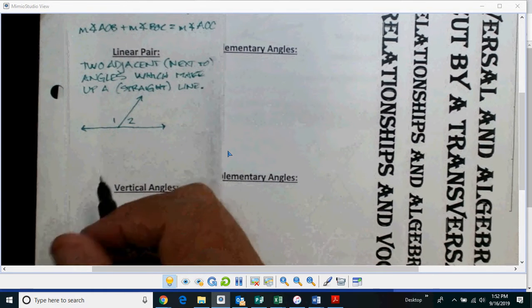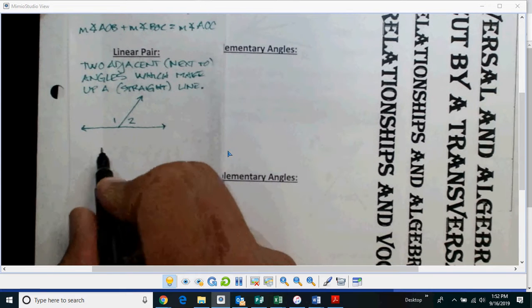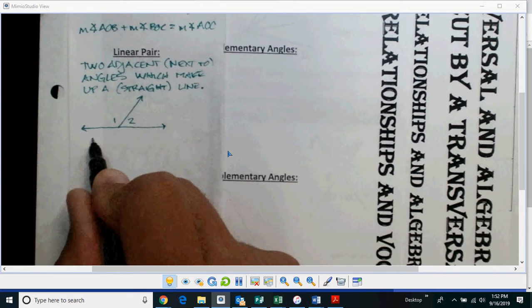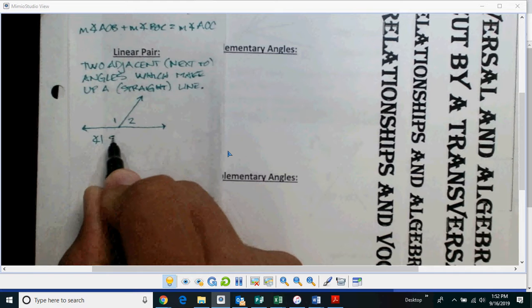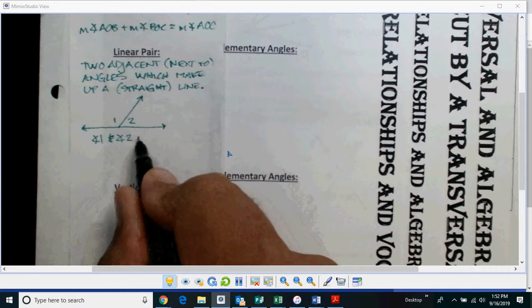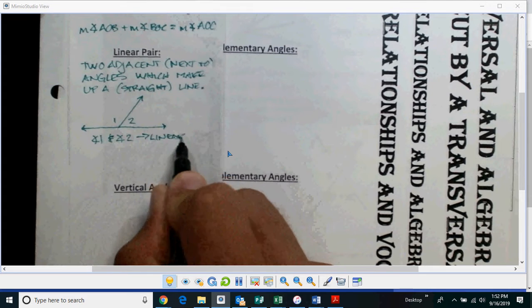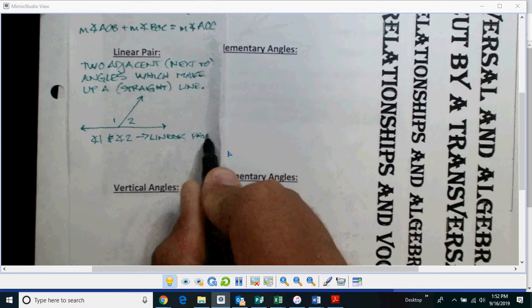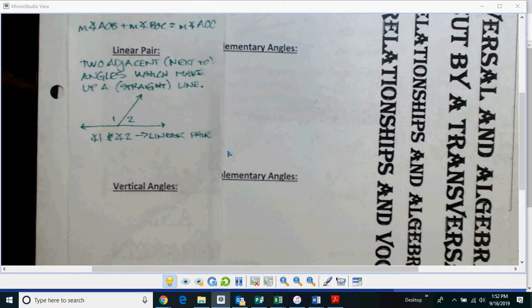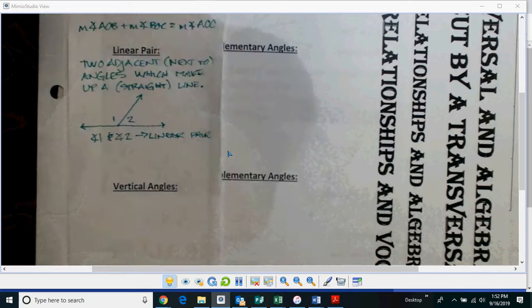All right. So that tells me that angle 1 and angle 2 are a linear pair. Can anybody make a conjecture about the angle measure of 1 and 2? They always add up to 180.